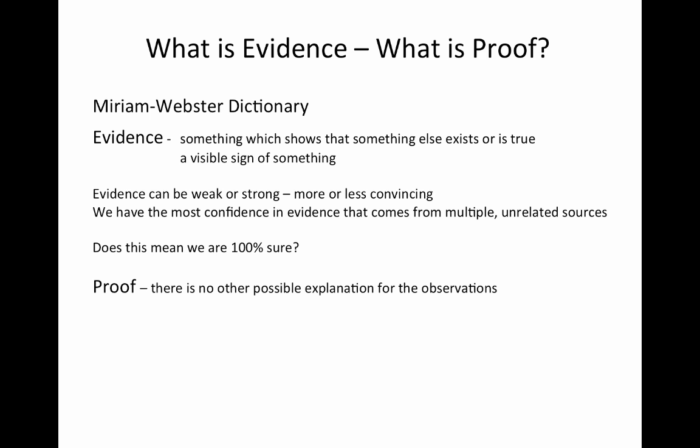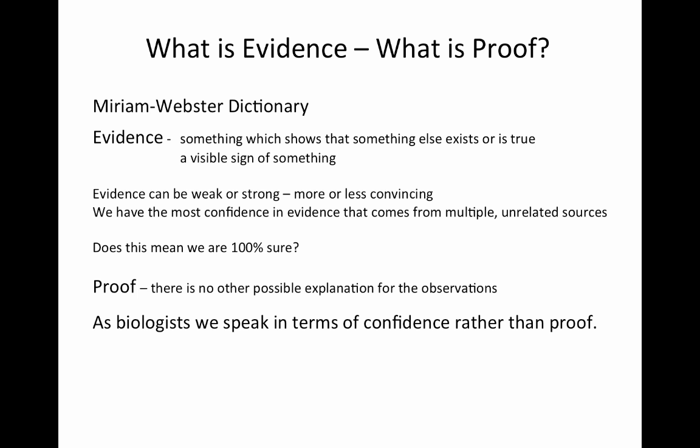The catchphrase I use is that proof is for mathematics. This situation where there's no other possible explanation, the possibility of that happening in the physical world is vanishingly small. So as biologists, we tend to speak in terms of how much confidence we have in something rather than saying that we've proven something. So banish the word proof from your vocabulary for this class. We want to talk about how confident we are in some sort of theory or evidence.